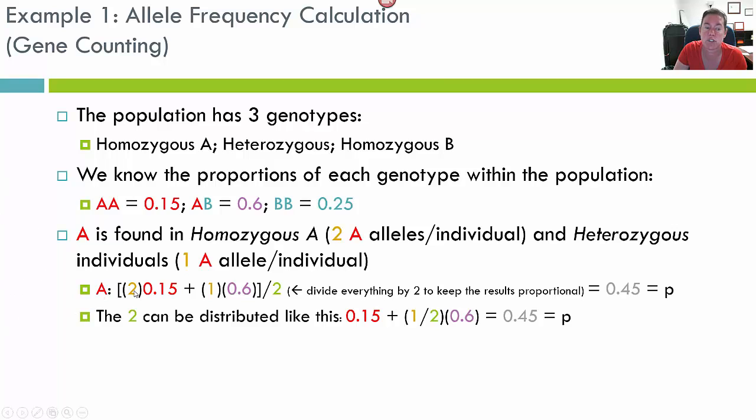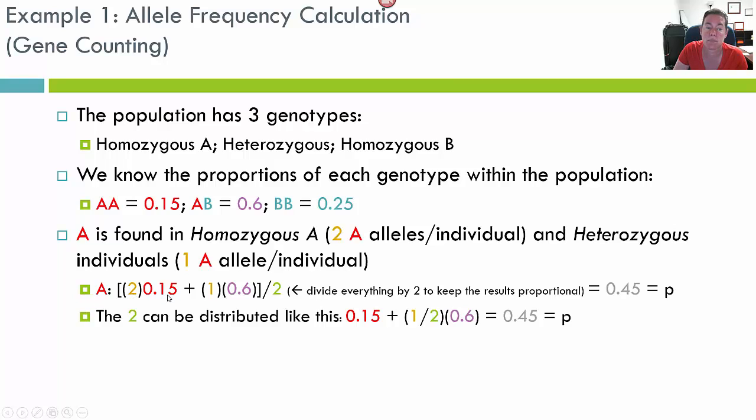A equals 2 times 0.15, because the individuals with the homozygous dominant genotype have 2 A alleles, plus 1 times 0.6, which is the frequency of the heterozygous, and they only have 1 A. And then we divide it by 2.